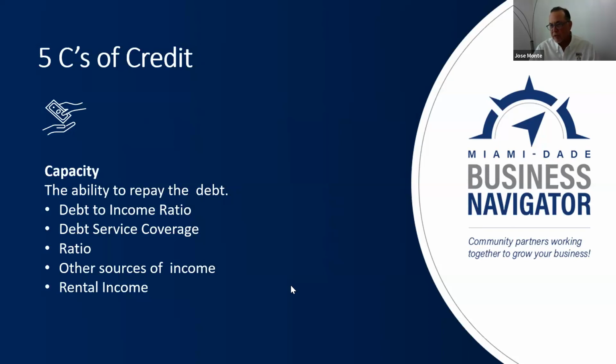It's 1.5. In other words, for every dollar of debt, you need to see $1.50 of available cash flow. That's the margin to make sure that should any slowdown hit the business, there's enough margin for you to continue to meet your loan obligations.